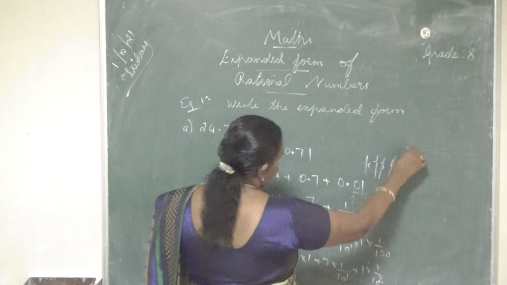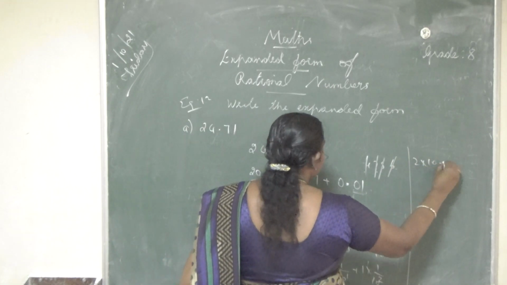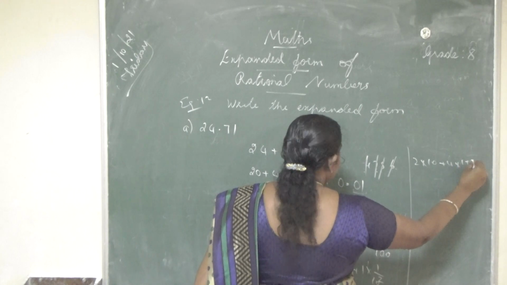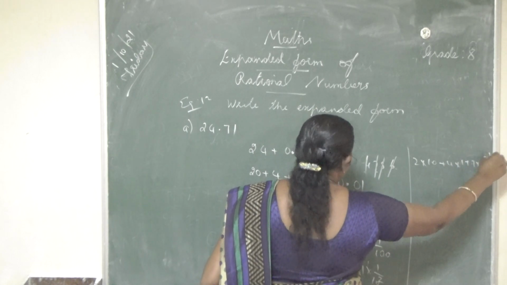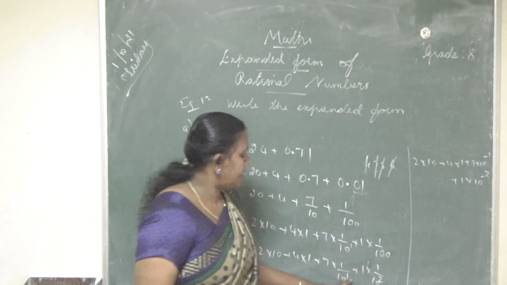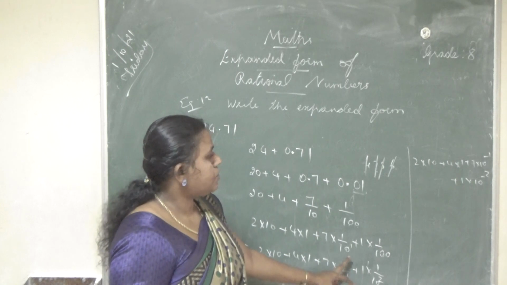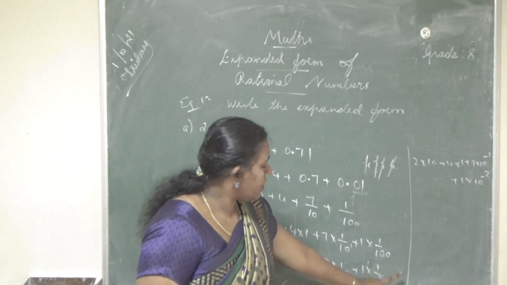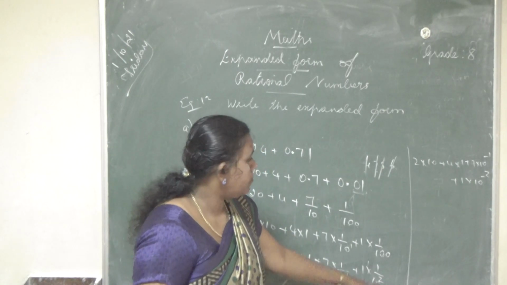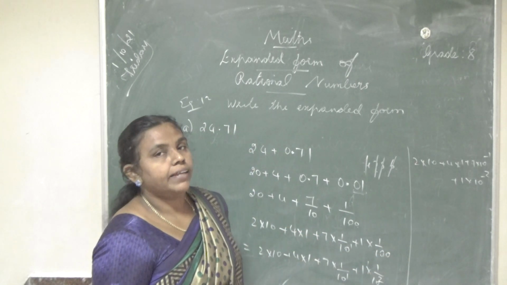So next, 2 into 10 plus 4 into 1 plus 7 into 10 to the power minus 1 plus 1 into 10 to the power minus 2. So here this is negative exponent. If I take it in the numerator it will become minus 1. Here also 100 means 10 square. That is 10 power minus 2. Understand?